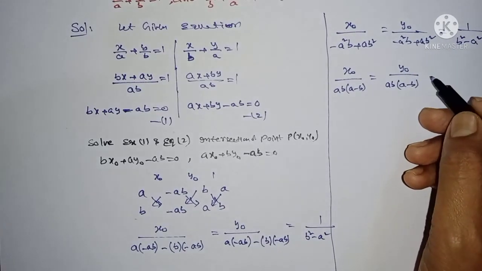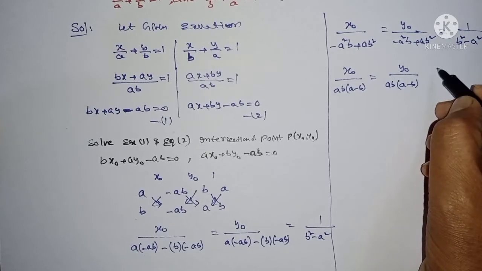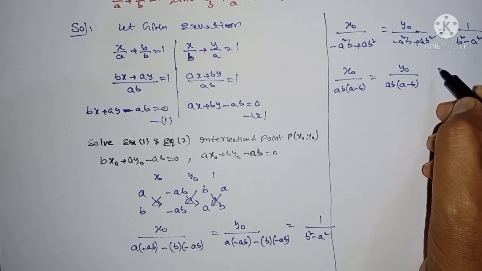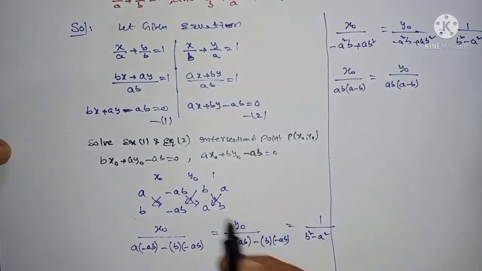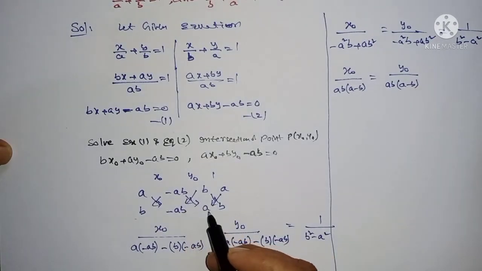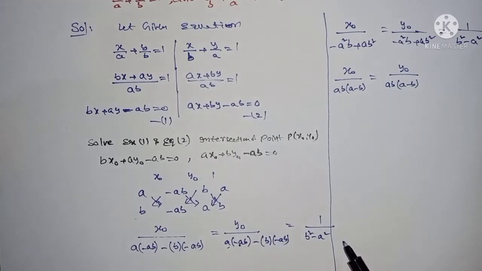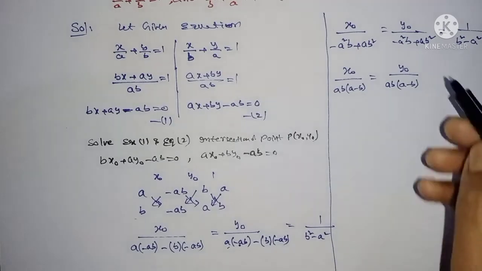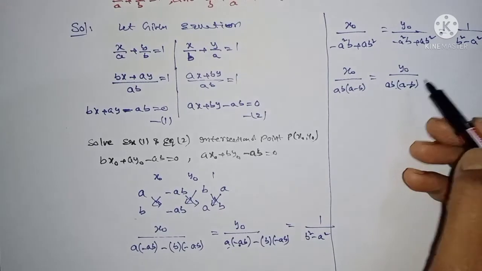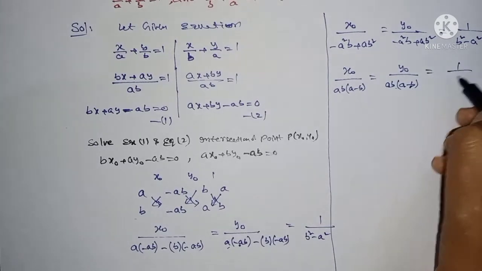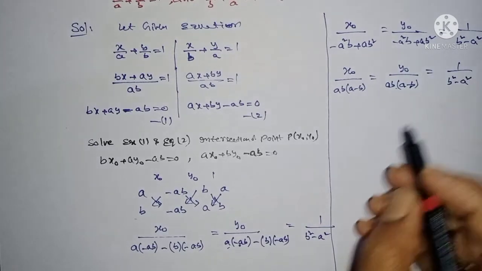For y naught, what you got here is -a(a - b) - b(a - b), you are getting the plus, a square b, a plus a square b minus 1, is equal to 1 by b square minus a square.